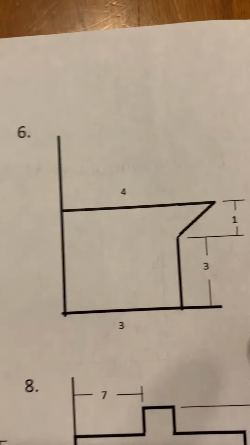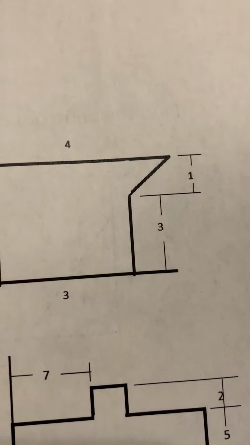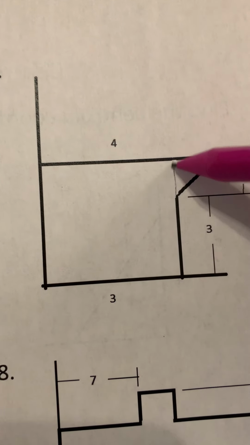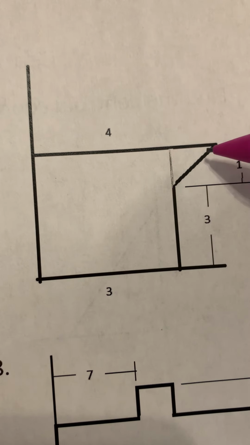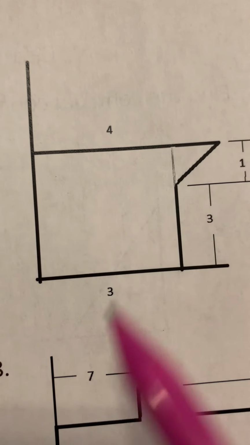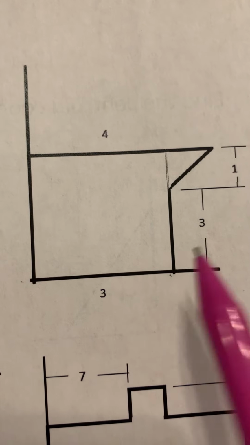And then number 6 is a complex shape. So you need to separate this into 2 shapes. So you are really working with 2 shapes here. You have your rectangle here, then you have a triangle here. So shape 1, they're saying the base from here to here is 3.